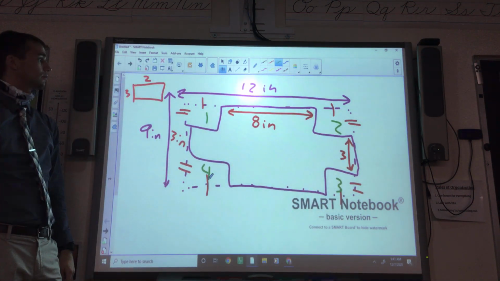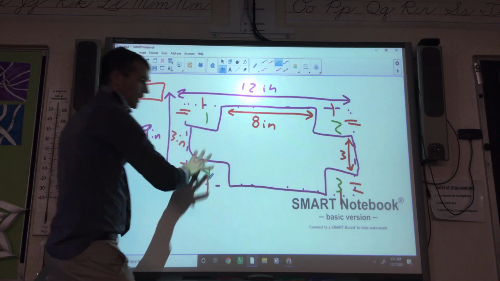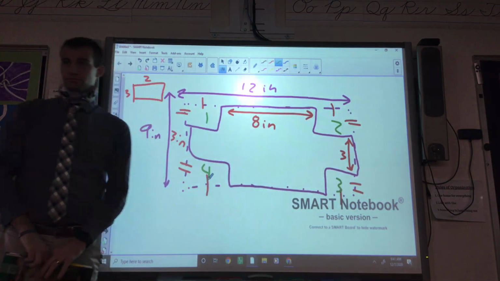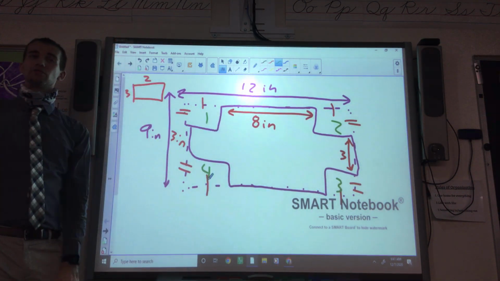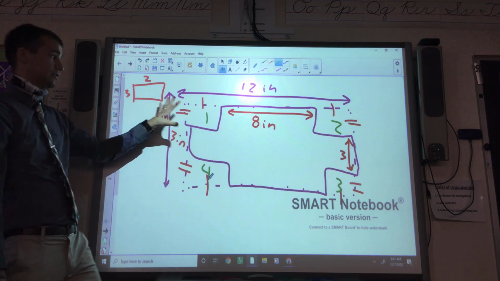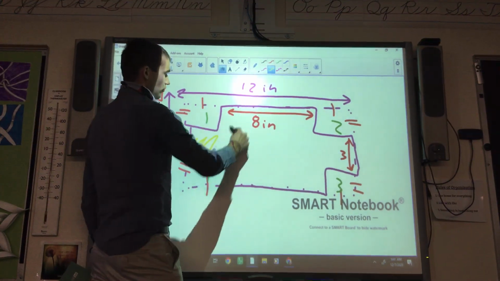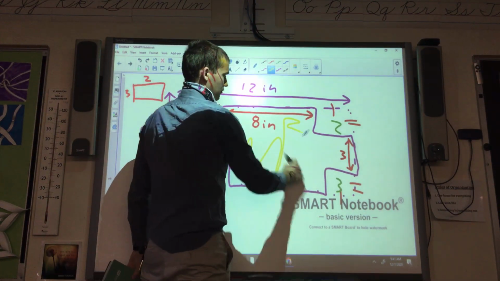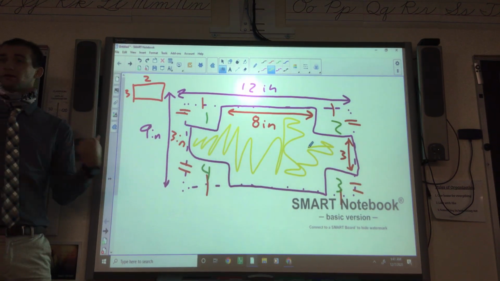So then if we want to find out the area of all of this, we have to figure out what is the area, 12 times 9, and then, nope. We want to find out the area of all of this filled in stuff right here. If I have all of this yellow stuff, because she cut off the other stuff, we want to know the area of what she has left.